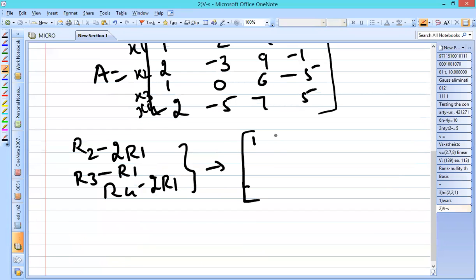First row elements will not change: 1, minus 2, 4, 1, keep as it is. What about R2, R3, R4?